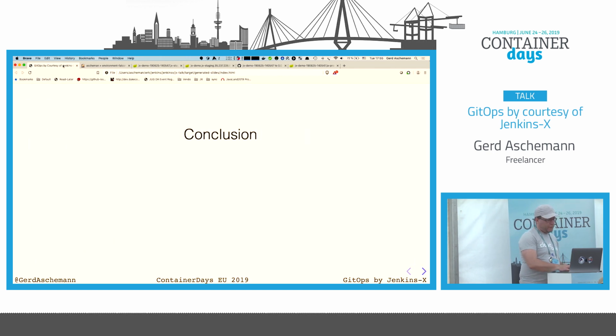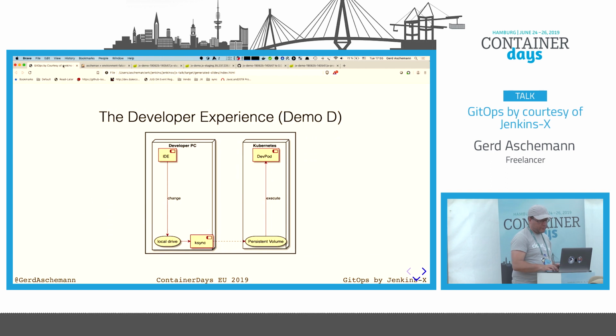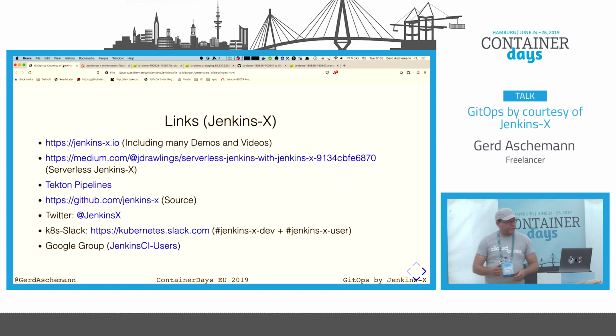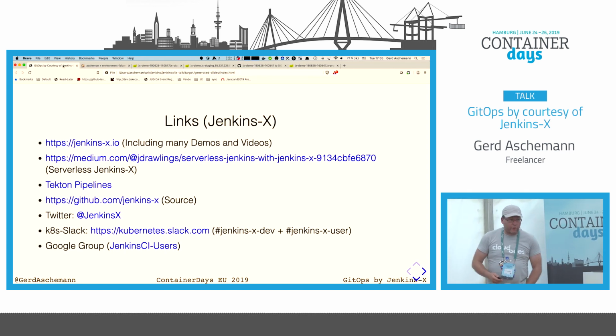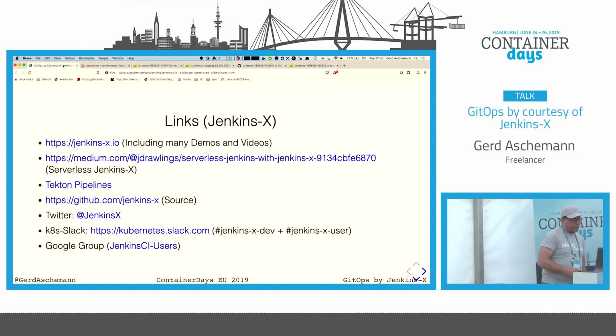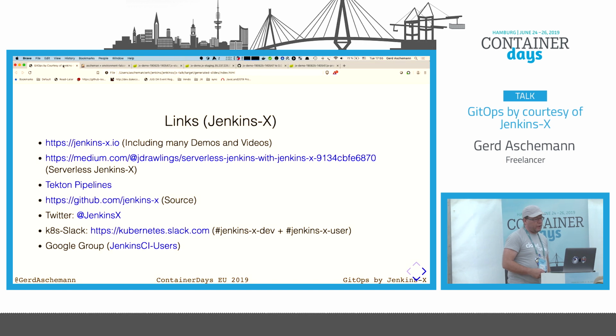You will find some additional information. I have some appendices with a lot of links. If you need more information, there is a community established on Slack, for instance, and on the JenkinsX webpage, you will find a lot of demonstrations and videos on how to set up JenkinsX and how to run it and how to make use of it.